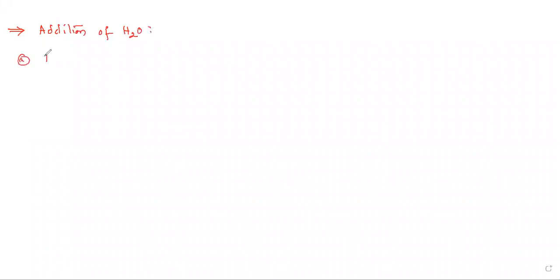See, in this, the first one is mercurational hydration, using dilute sulfuric acid along with a small amount of, say, 1% mercuric sulfate. In this case also it is Markovnikov addition.